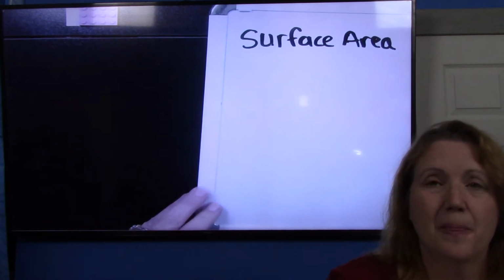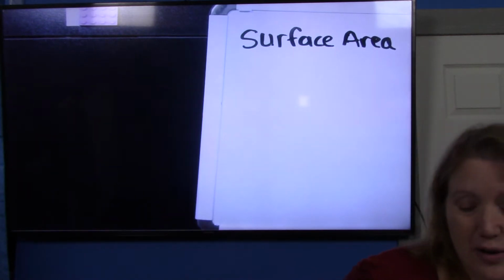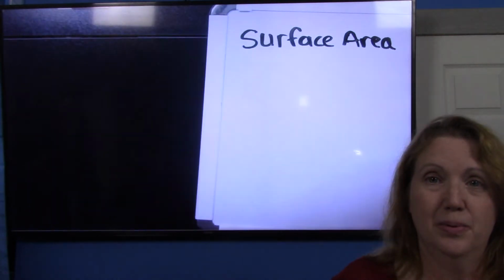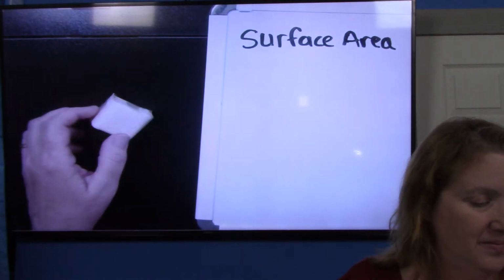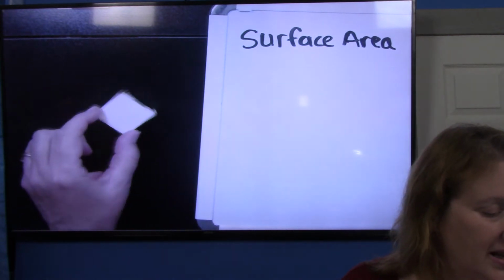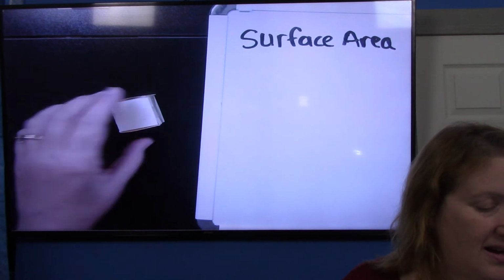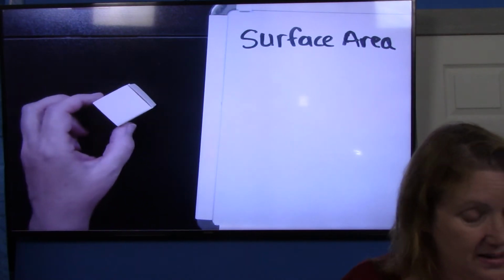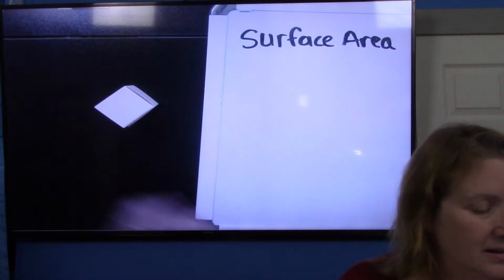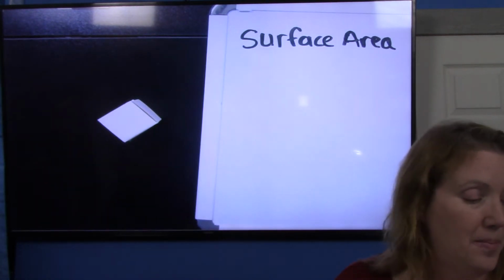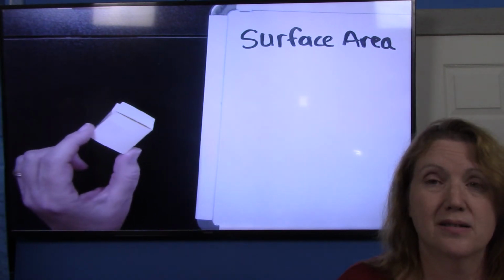Surface area. Okay, so first, let's just take a look at a figure called a cube. This is a cube. A cube looks like a square on all the sides, and a cube has 6 sides. Let's say that I needed to make a box or a square like this.